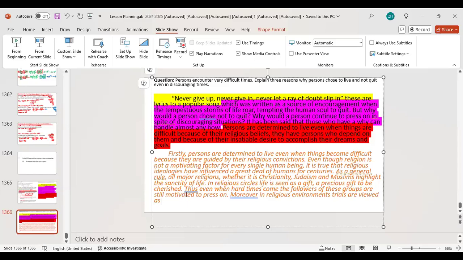They are viewed as tests given by their sovereign beings to prove their strength, to develop loyalty, to develop their character, right?